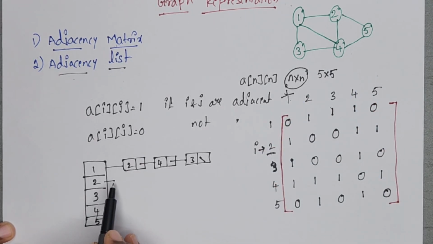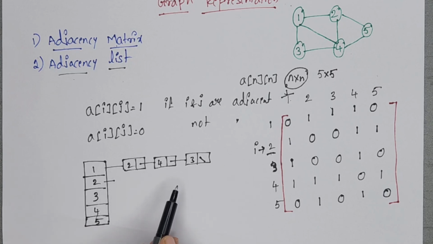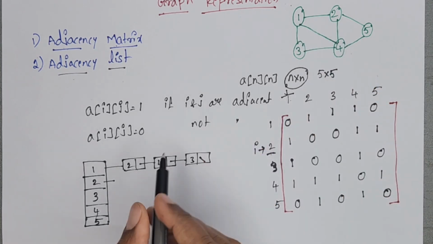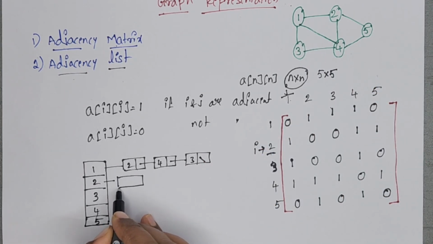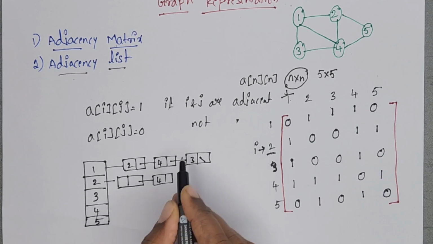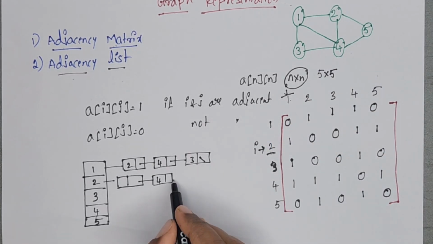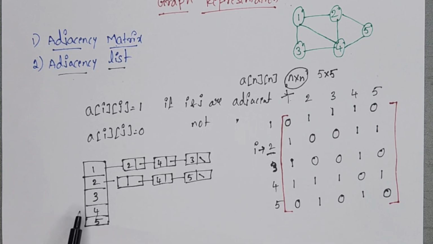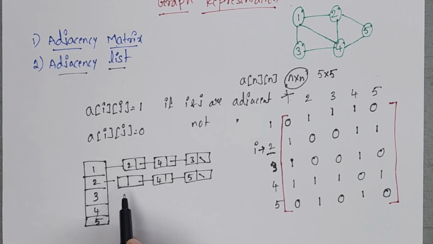For 2, what we have to maintain in the linked list means all adjacent vertices we have to write. For 2, adjacent vertices are 1 and 4. 3 is adjacent? No. 5 is also adjacent. Like this, for every vertex, we have to create one linked list.